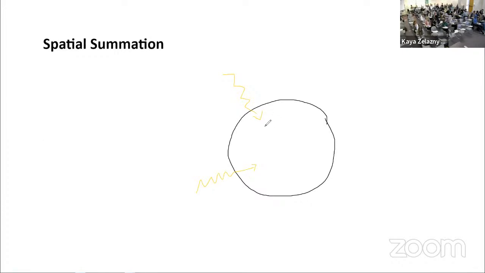They're going to have a big effect where they originate. That effect is going to get smaller as we move away from that point. And we're thinking about it going towards the axon hillock, which is why I've drawn it in that direction. All right, they're both doing that. Okay. But we can see that our patch of membrane that we're interested in is going to be affected by both of these, right?